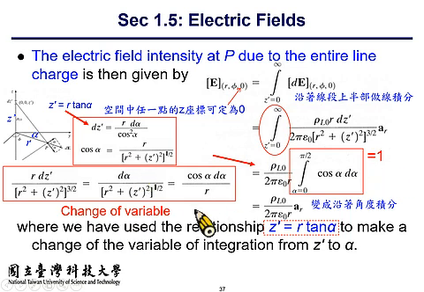So with the change of variable method, the integration over z prime becomes integration over alpha. Therefore, the bounds of the integration change to alpha equals 0 degrees and alpha equals 90 degrees, that is pi over 2. And the integral becomes cosine alpha d alpha. Okay? R is not relevant to alpha, so it can be pulled out.